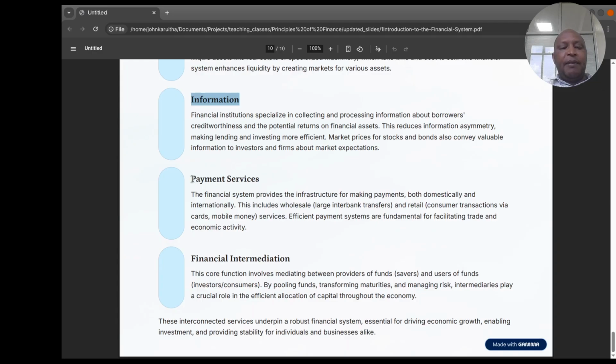It provides payment services. You can pay for goods and services in various ways, courtesy of the financial system. And lastly, it does financial intermediation, channeling money from those people who have excess to those people who have a shortage. So that is the financial system in a nutshell.